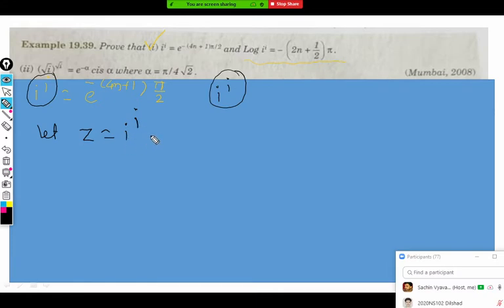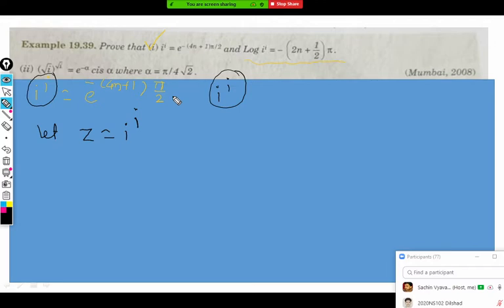Which log should we take? You'll observe the required answer is given as 4n plus 1. Generally we use k in the general polar form, but sometimes instead of k they can use n also, where n takes the values 0, 1, 2, 3 and so on. So don't get confused with the notation. It can be 4k plus 1 or 4n plus 1. Both are the same. So here we have to take a general log.